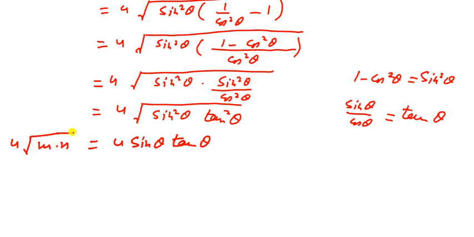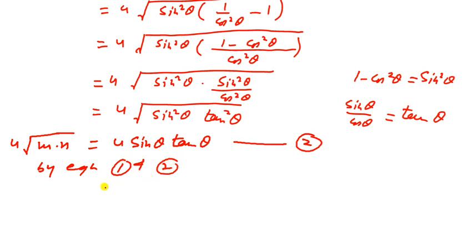So that is 4 under root of m into n. It's your equation second. By equation first and second, m square minus n square is equal to 4 under root of mn, because both equations have the right hand side equal, that is 4 sin theta and tan theta.